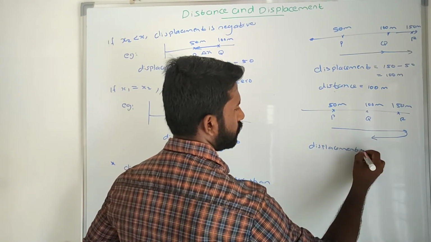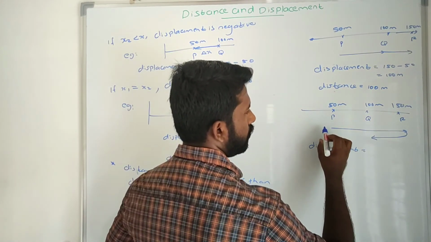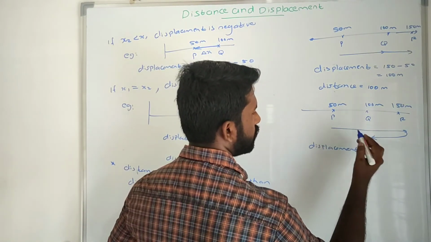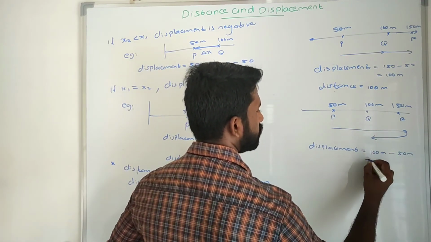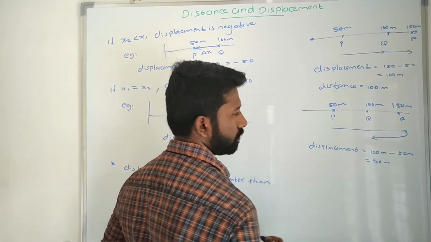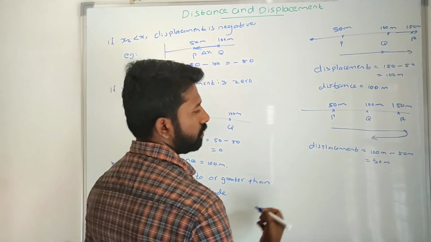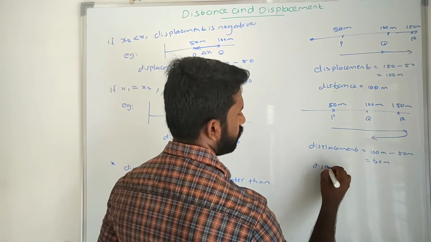Displacement is final position minus initial position. Final is 100 meters minus 50 meters. So the displacement is 50 meters. Clear?